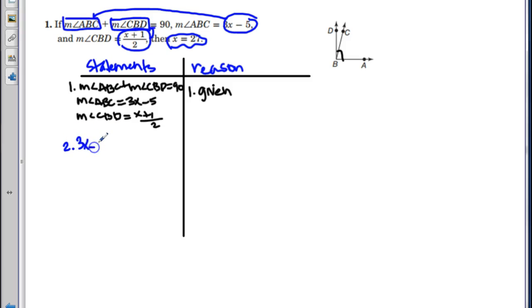So 3x minus 5 plus (x plus 1) divided by 2 equals 90 degrees. We substituted these expressions for their parts in the first statement. So that's substitution.